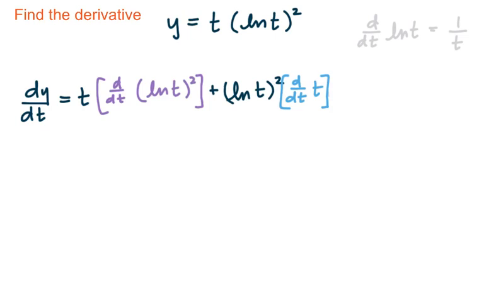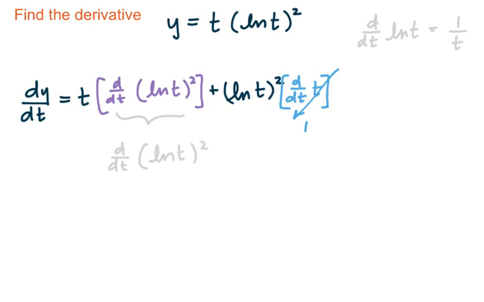So I have two small derivatives I need to determine. The derivative of t with respect to t using the power rule is 1, so that's going to go away. And here I just need to deal with d/dt of the natural log of t squared.